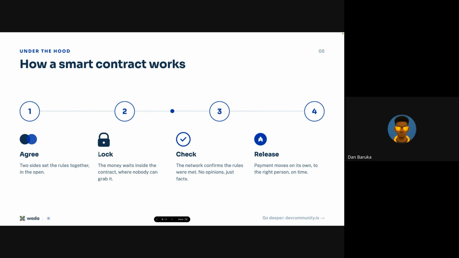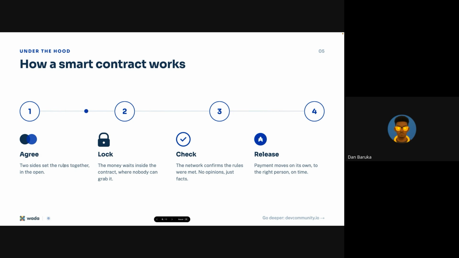For example, when you are selling tickets, you can also lock all the tickets here, and once the user meets the rule, there will be a verification here, and the asset will be sent to the recipient.